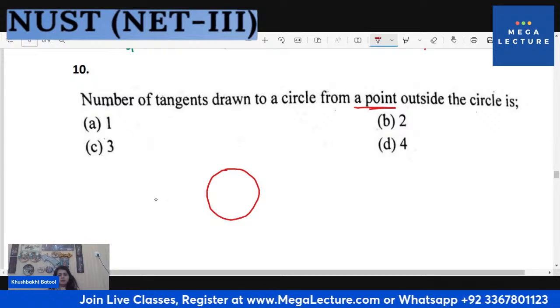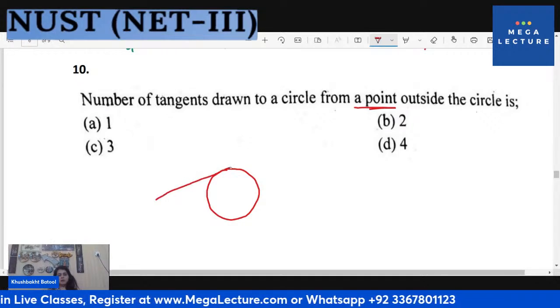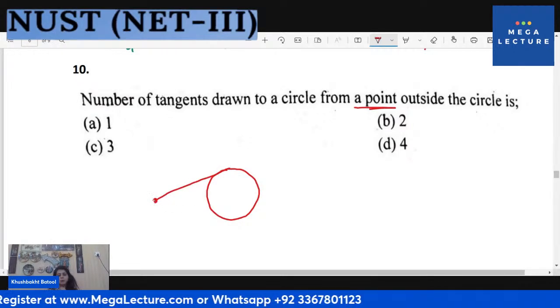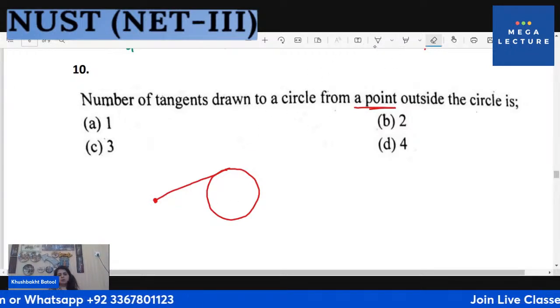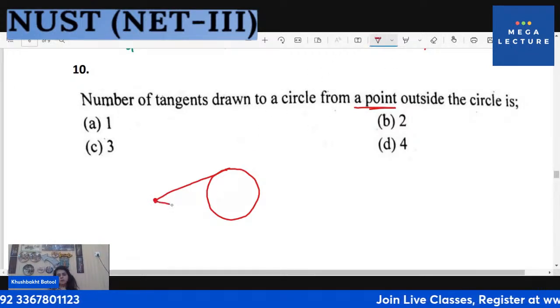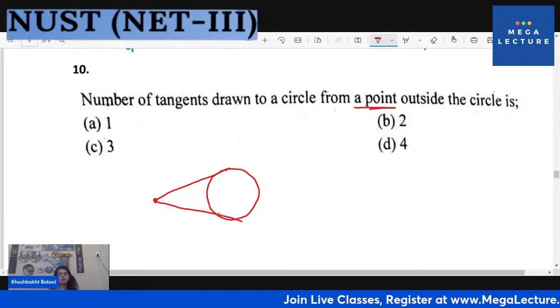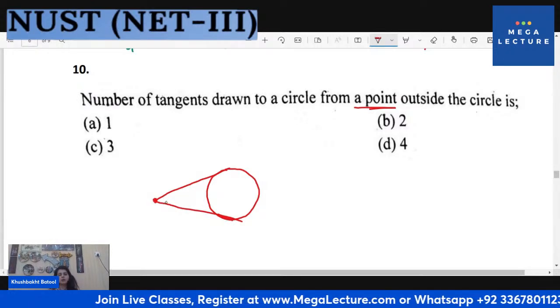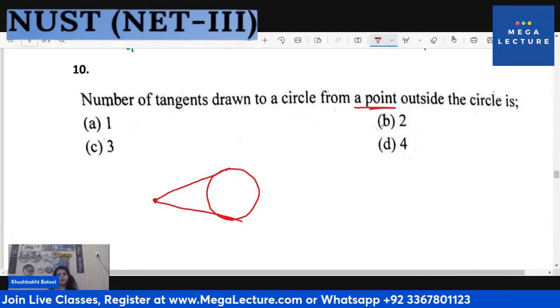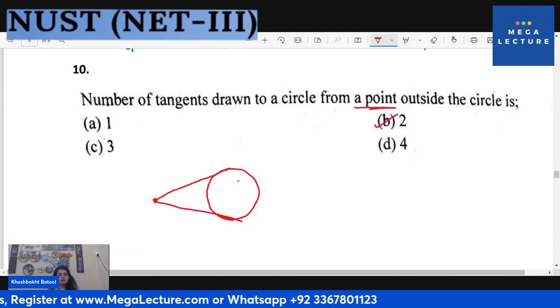You must have studied this in O levels that from a point we can only make two tangents, right? I would not be able to make it properly here. But the idea is clear that you can only have two tangents that are being made from one point, right? So the answer is going to be B in this case.